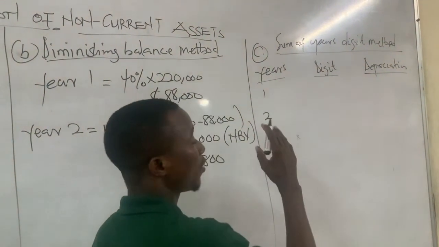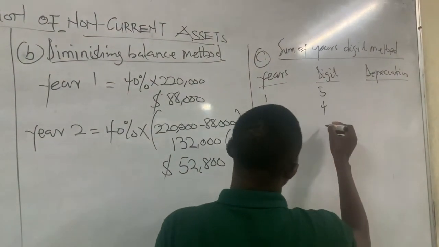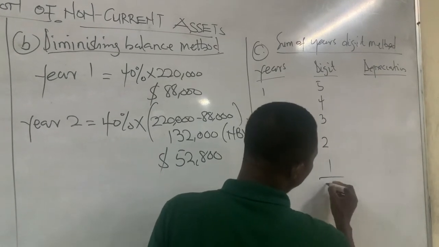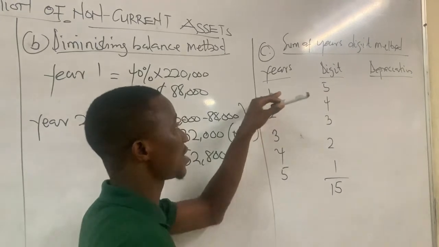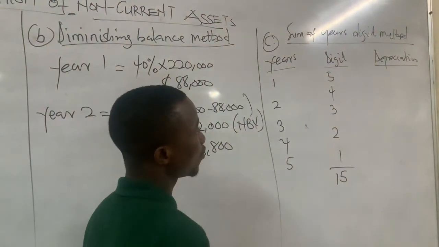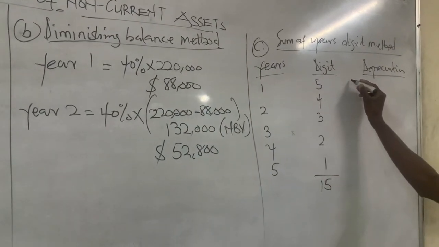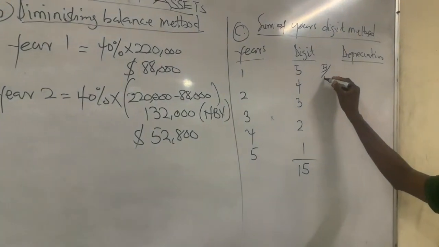The digits, we are going to reverse the number of years. So we have 5, 4, 3, 2, and 1. And the total of the digits here is 15. So to determine the first year's annual depreciation, what we do is take the 5, that is 5 out of the total of the digits, which is 15.